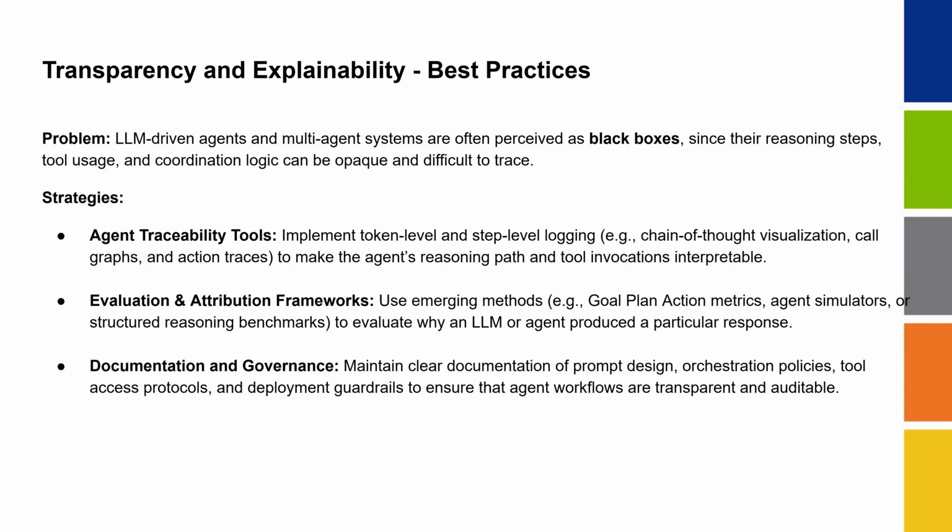The strategies are agent traceability tools, evaluation, attribution frameworks as we talked about, goal, plan, and action, and documentation and governance. That would be necessary to build an agentic system that not only gets the work done, but also remains compliant with policies as well as other cautionary things like fairness and bias detection.